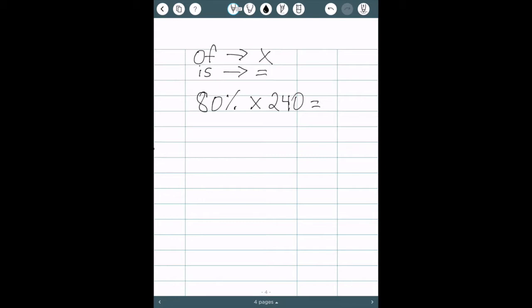If your calculator does not have a percent, remember also that to change a percent into a decimal, if you have 80, a whole number, 80%, to turn it into a decimal, you would move it over twice. 0.80 means the same as 80%. So you could also put in your calculator 0.80 times 240, your batch size.